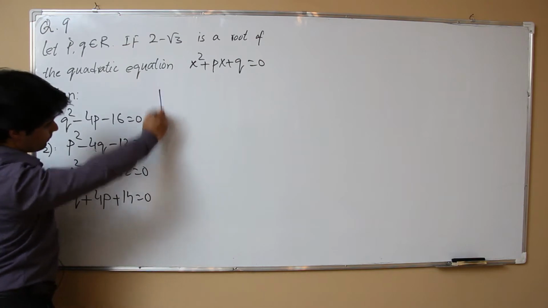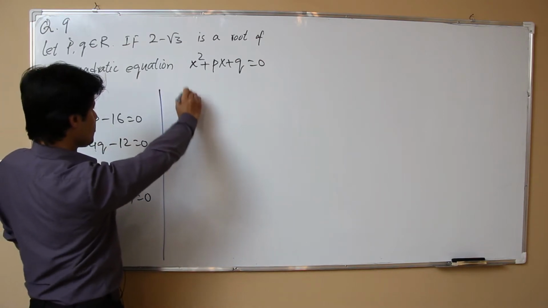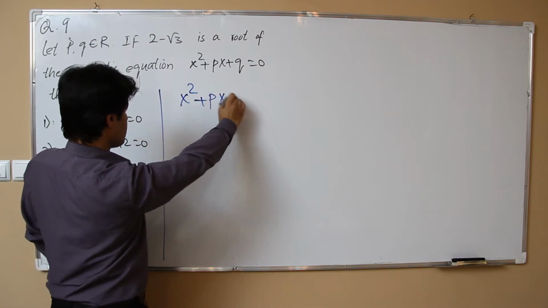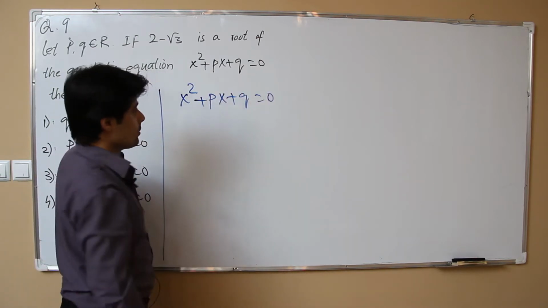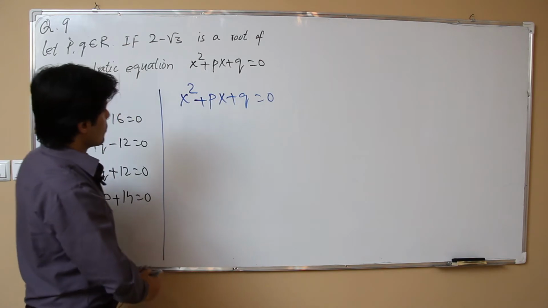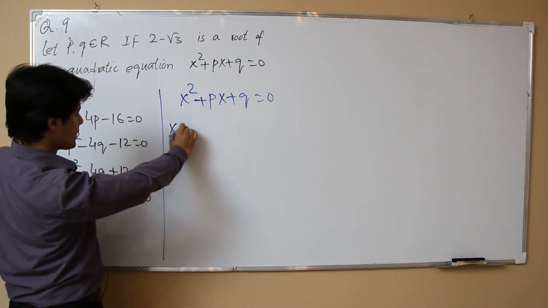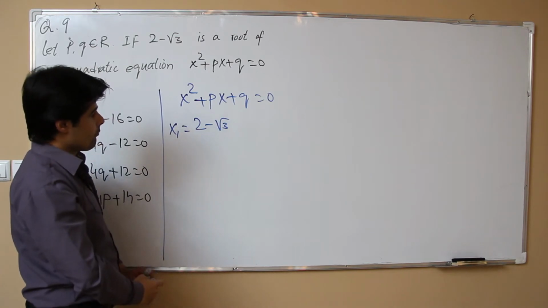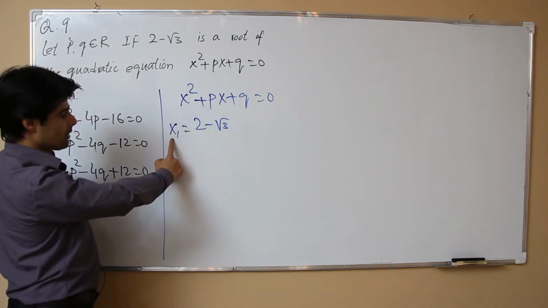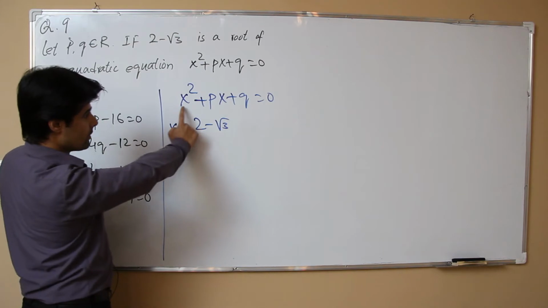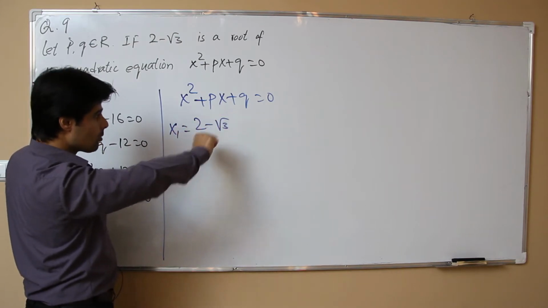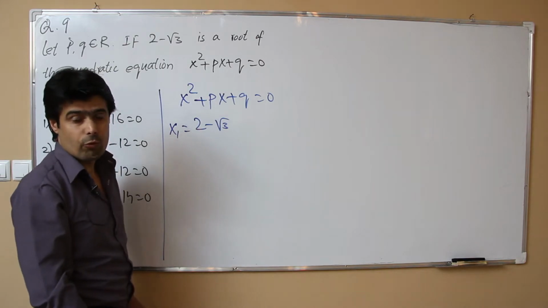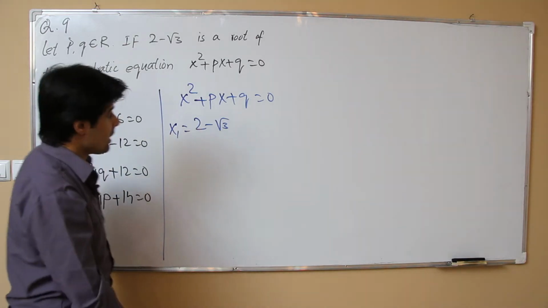How can we solve? First, I want to write this equation, x squared plus px plus q equal to 0. We have got one root of this equation, x1, 2 minus root 3. If we are able to find another root of this equation, then we are able to find p and q.